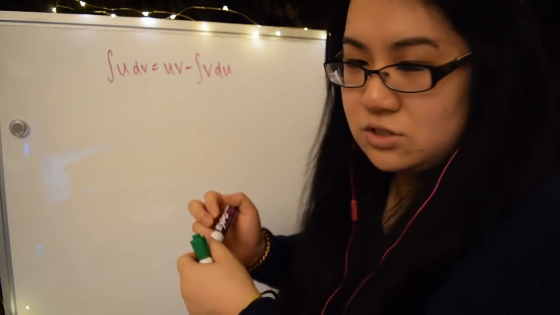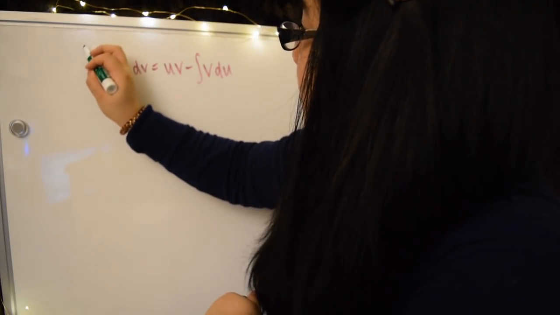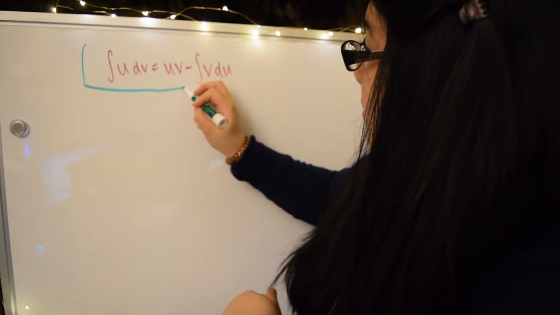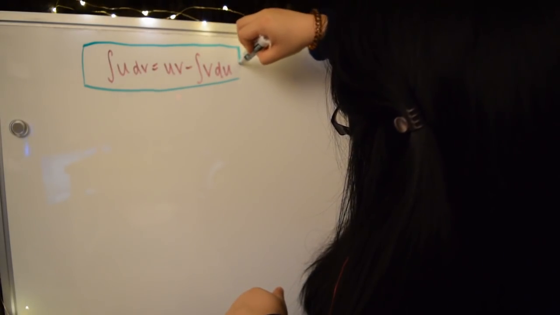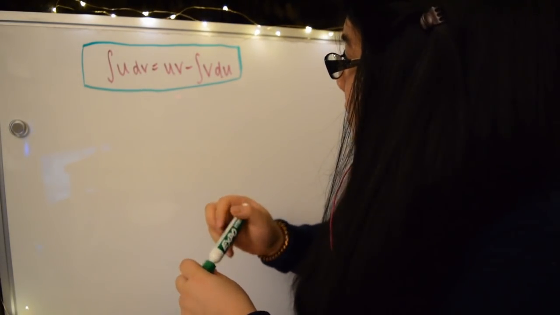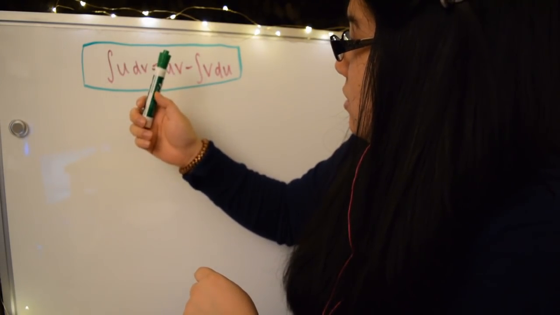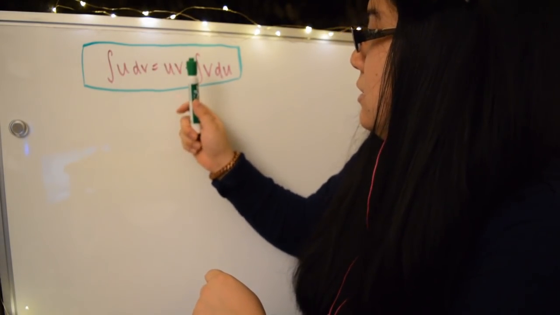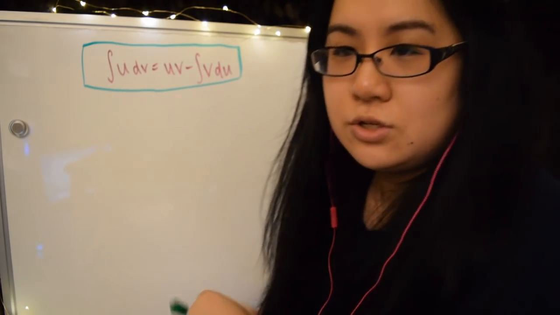Okay, uv's all over the place, but this is the main formula to know. Integral of u dv equals uv minus the integral of v du.